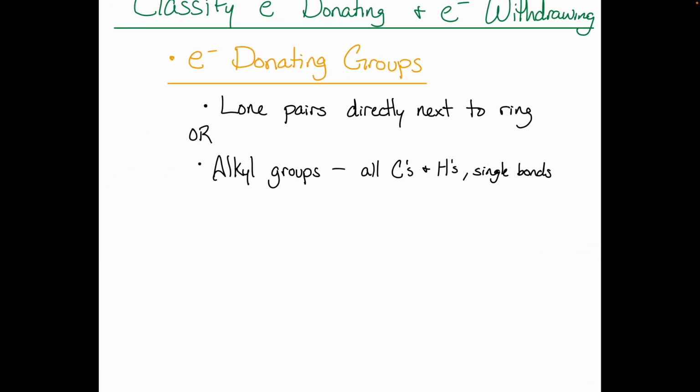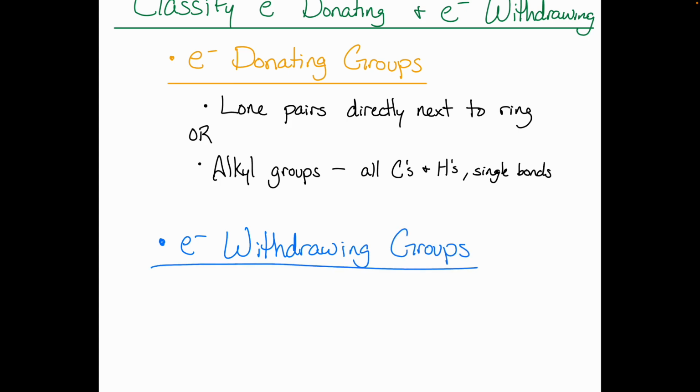So then what about our electron withdrawing groups? All right, these are simply just going to be everything else, right? Everything that doesn't follow one of those two patterns as being an electron donating group is considered an electron withdrawing group.